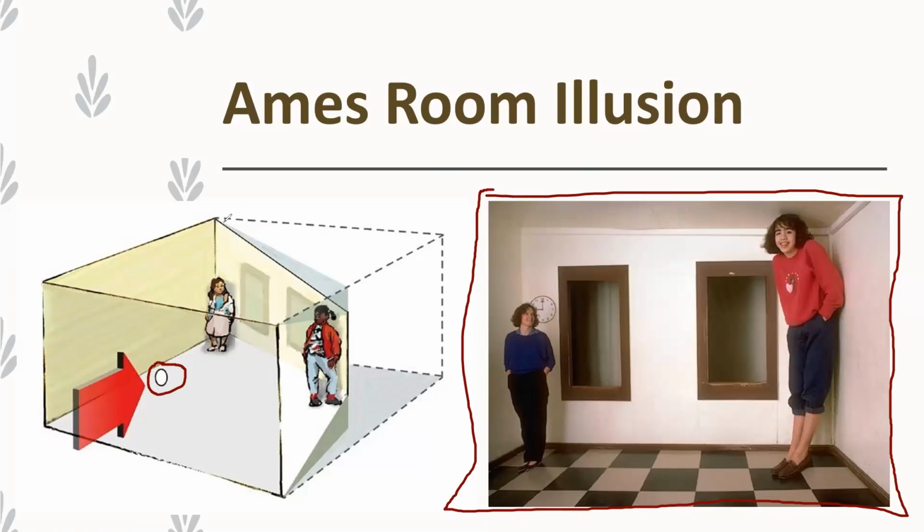However, the actual structure of the room is more of a trapezium shape. So the actual shape of the room is like a trapezium, okay, that's the actual shape of the room. For some reason though, the peephole is placed in a way that when you look at this room, it looks exactly like a rectangular shape. It doesn't look like a trapezium at all.